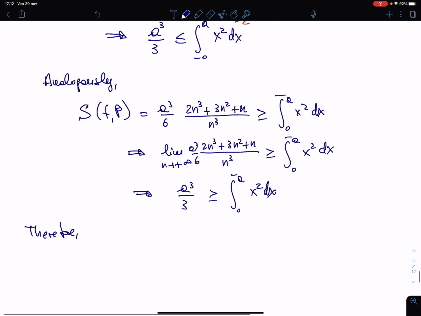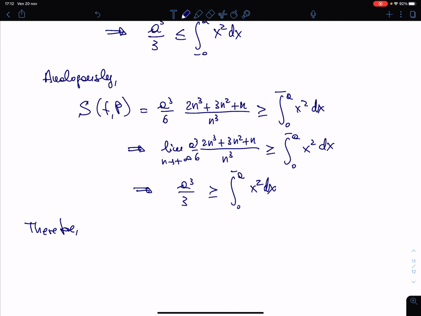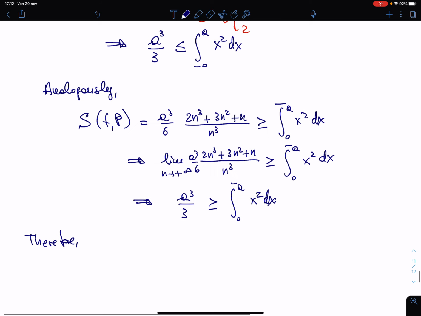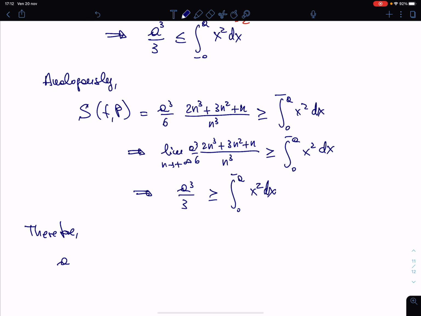we have that a cube over 3 is less than or equal to the lower integral, so the integral between 0 and a of x squared dx, which by definition is lower than the upper integral from 0 to a of x squared dx, which is less than or equal to a cube over 3.